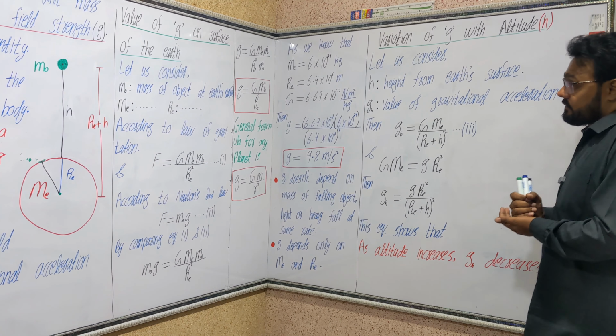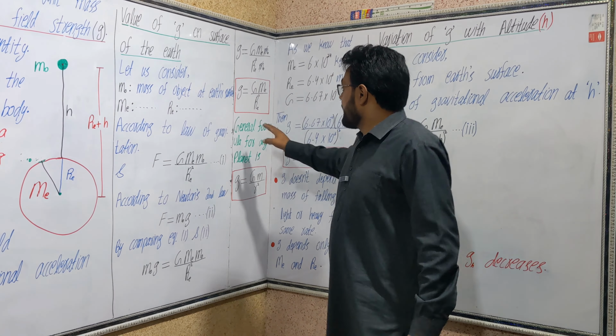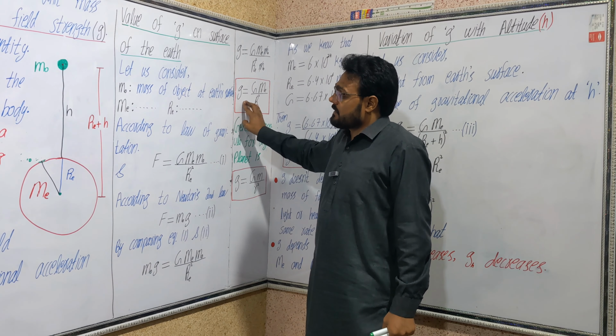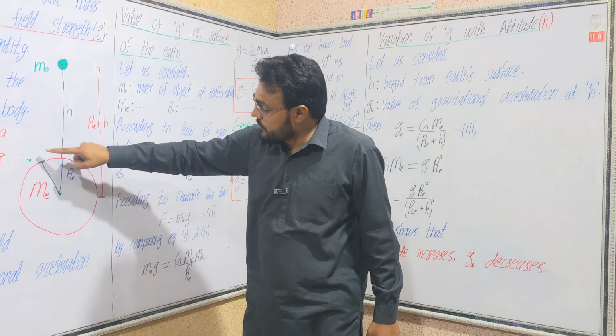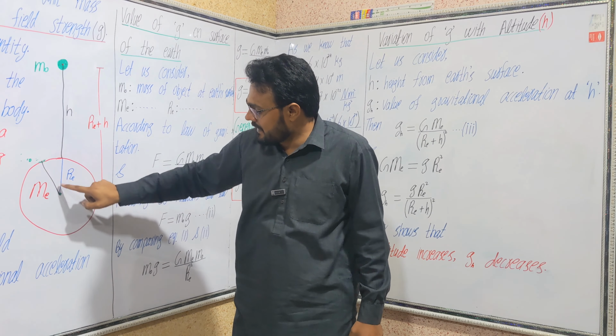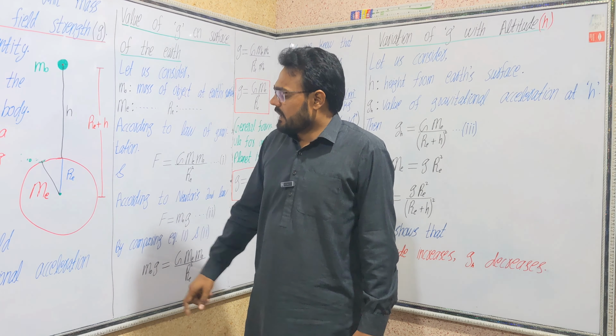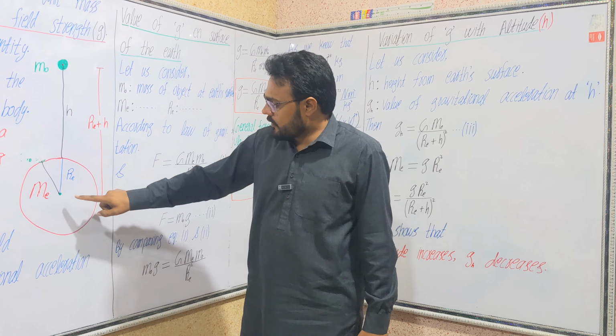Now this equation is for an object on the surface of the Earth, where the distance is R_E, the radius of the Earth. Now the object is at some height and the distance will be R plus h.